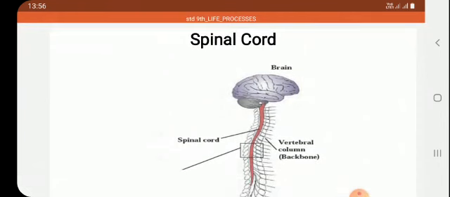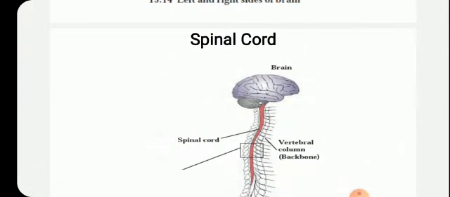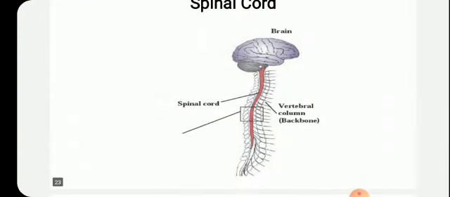Okay, children, now come to the spinal cord. Spinal cord is a long part of the central nervous system. It is a long tubular structure, see here, which is attached to the brain. From the lower part of the brain, the spinal cord starts. It is covered by the vertebral column.